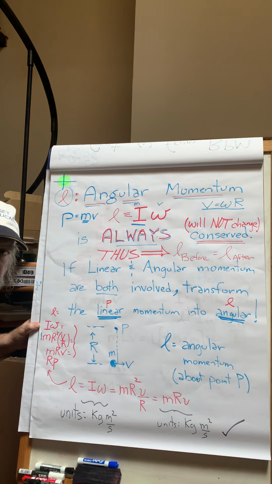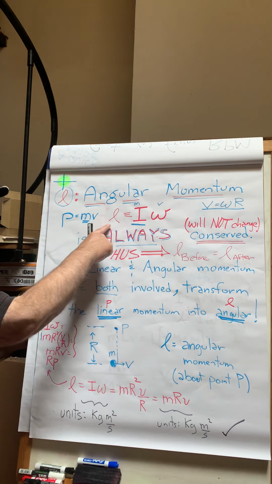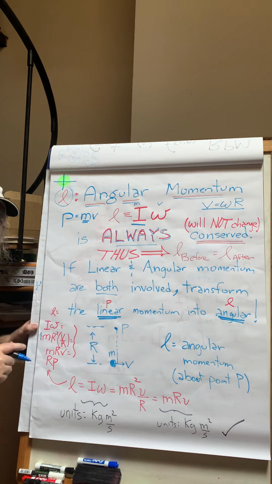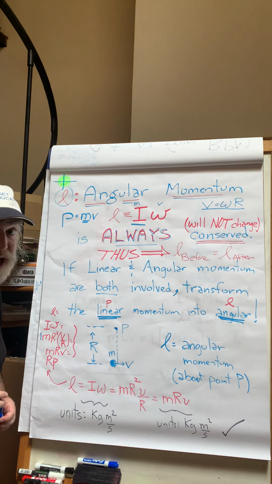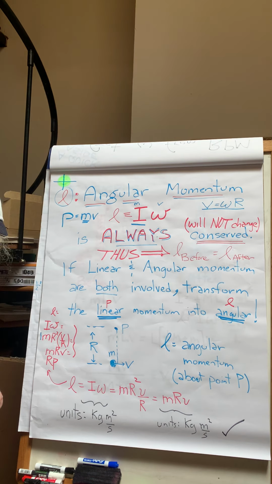So the units are different for angular momentum and linear momentum, so they cannot both be conserved, nor can they be compared, because the units are different. It's like comparing time to velocity. They're different animals in the world of physics.